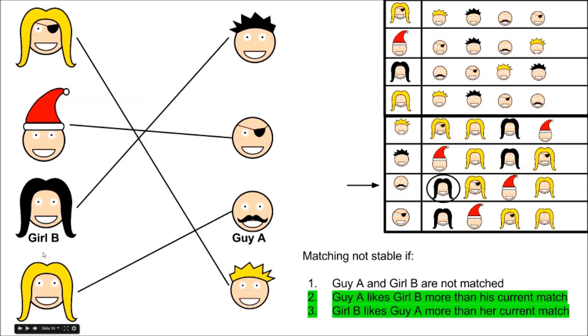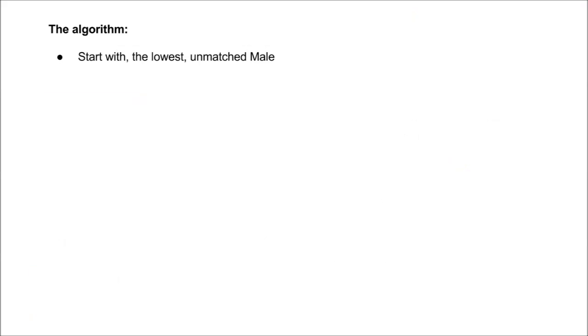Now we are going to label him guy A, because she, the black-haired girl, is top of his list. He really likes her. He likes her more than the blonde-haired girl, which is on the right, which is what he is currently matched to. So that's guy A likes girl B more than his current match, and they're not matched. So that's all three rules fulfilled, so this matching is not stable.